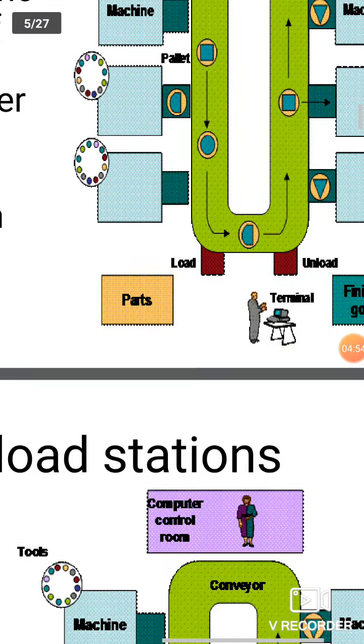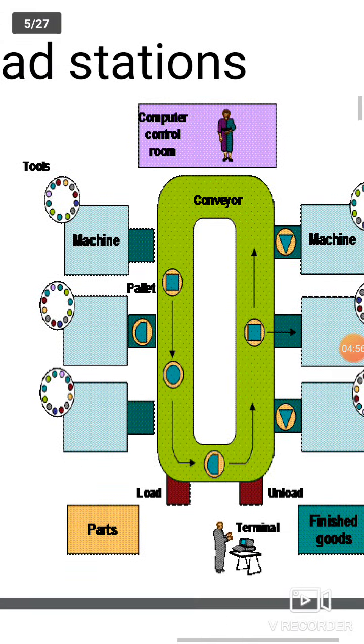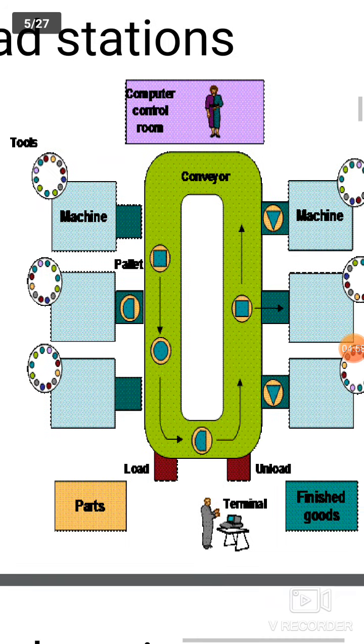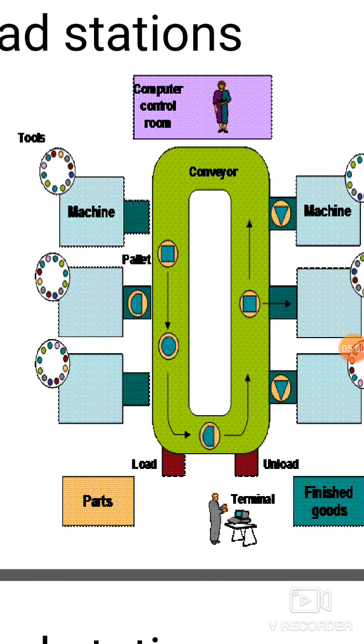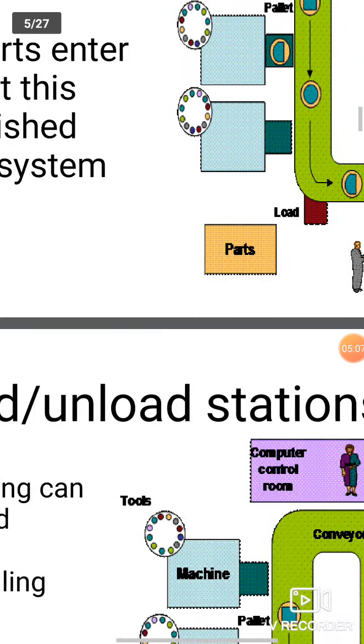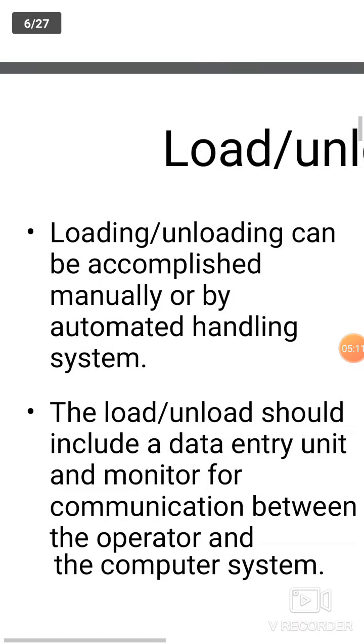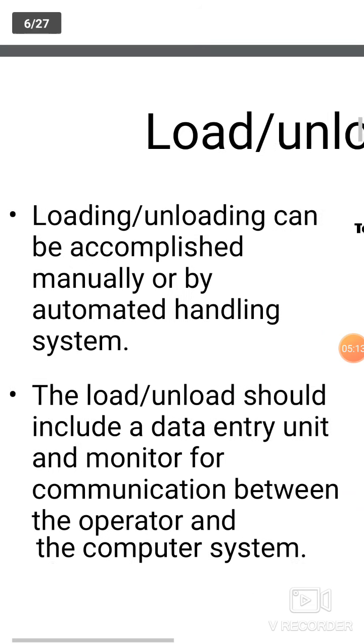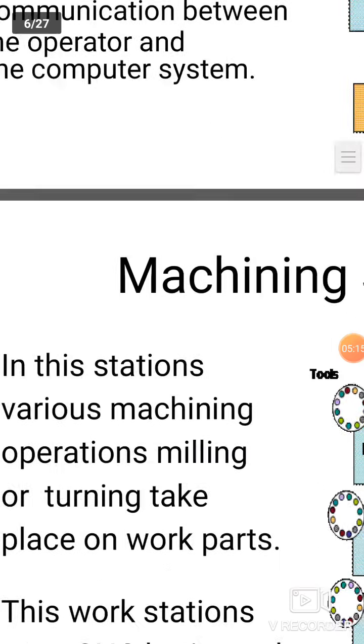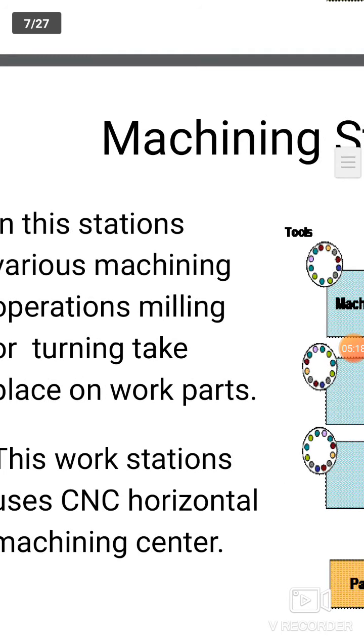This is the same FMS machine. Here the loading is going on and the tool is coming out of the machine. Here the man is operating the computer to run the machine.